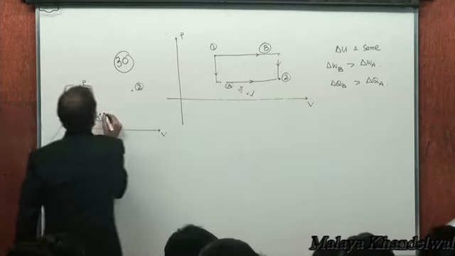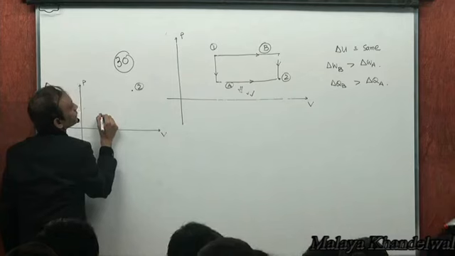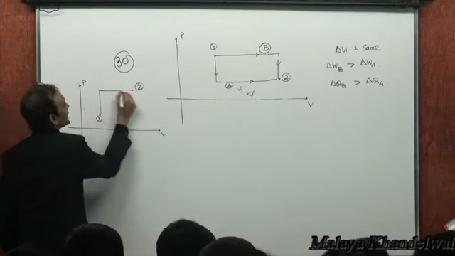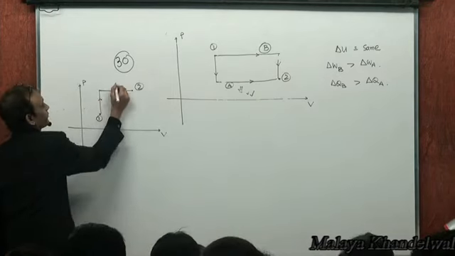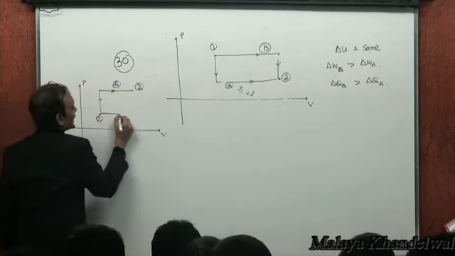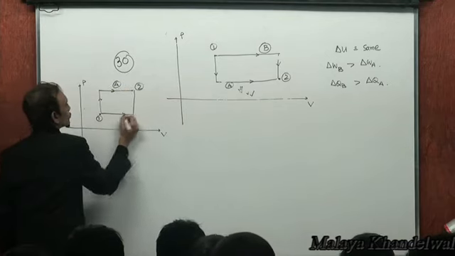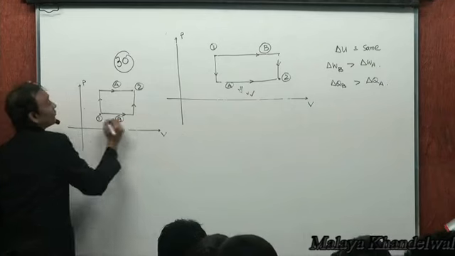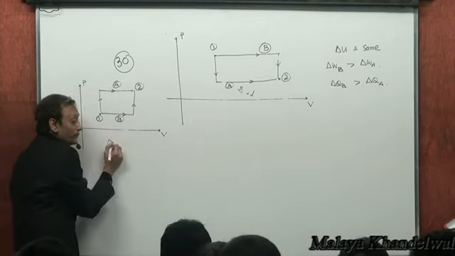If this is the case, isochoric followed by an isobaric, which is A, or isobaric followed by an isochoric, which is B, then of course again the same change in internal energy.